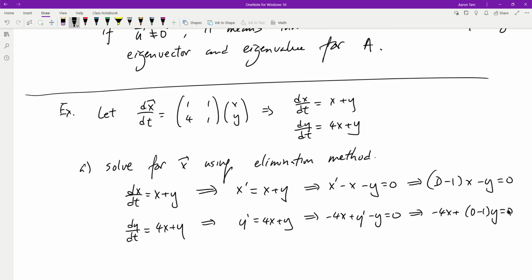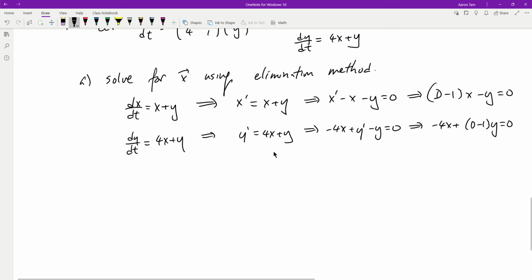Good so far? So now I'm going to try to eliminate. Let's get rid of the y. So I'm going to multiply the first equation by d minus 1, and multiply the second one by nothing.